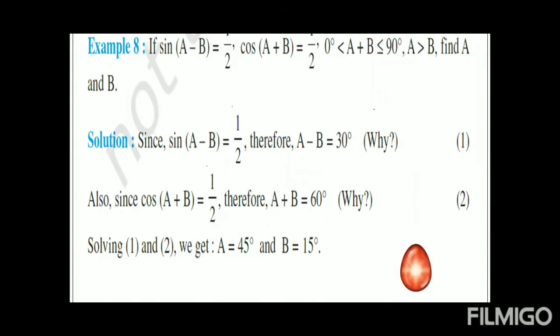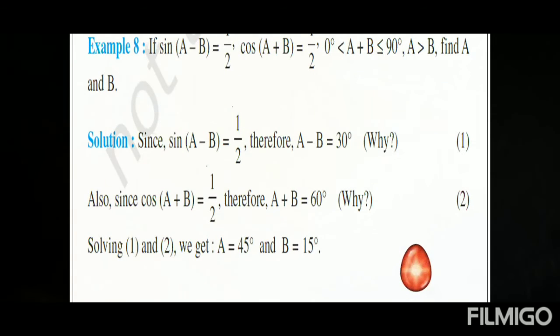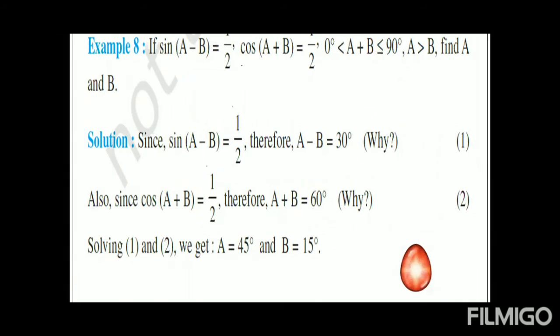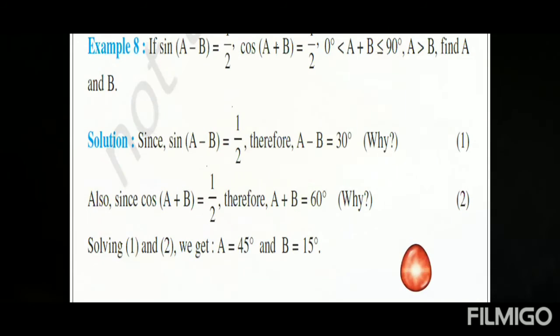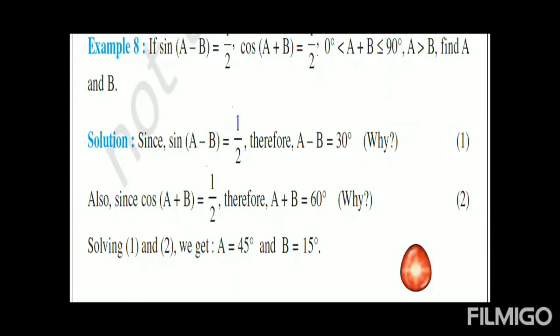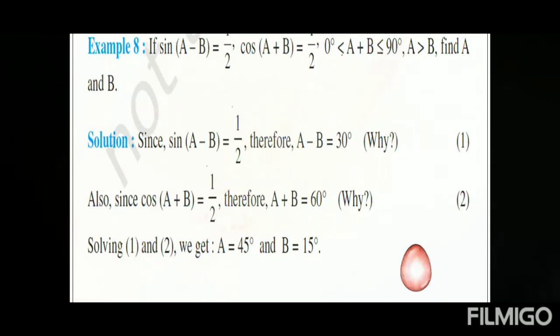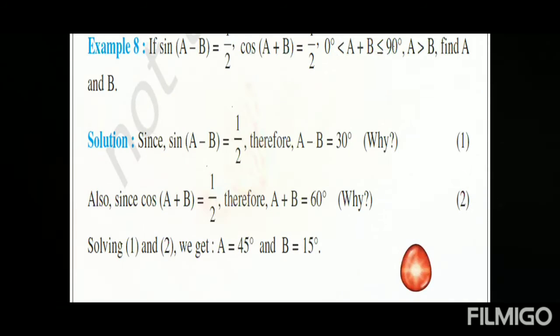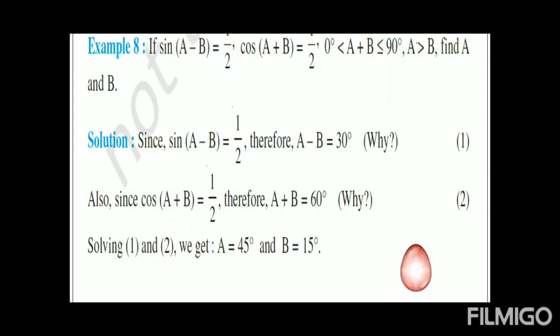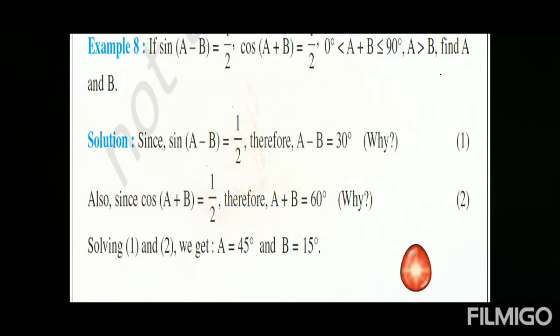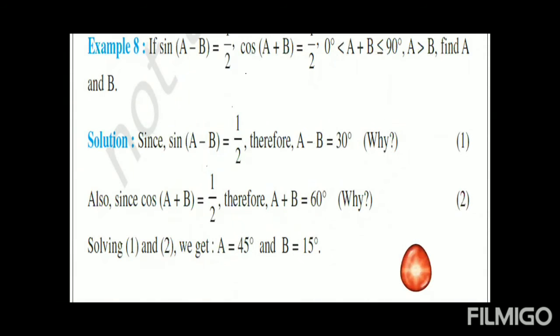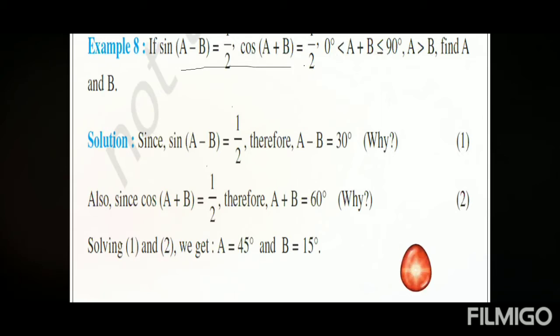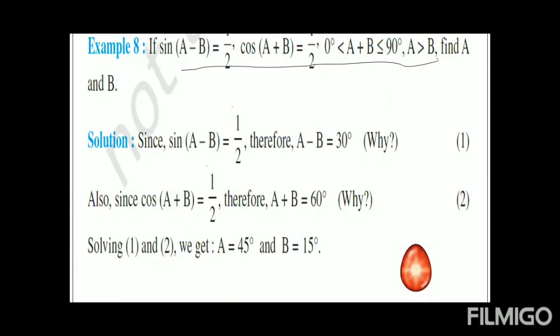Example 8. If sine of A minus B equals 1 by 2, cos of A plus B equals 1 by 2, and 0 degrees is less than A plus B, which is less than or equal to 90 degrees, and angle A is greater than angle B, find A and B. These things are the clue for this question.